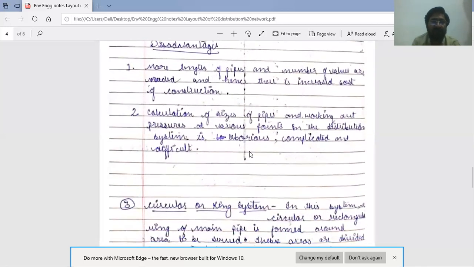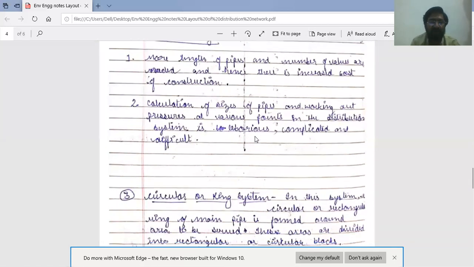Second disadvantage: calculation of size of pipes and working out pressure at various points in the distribution system is laborious, complicated and difficult. So calculation is difficult in this system.